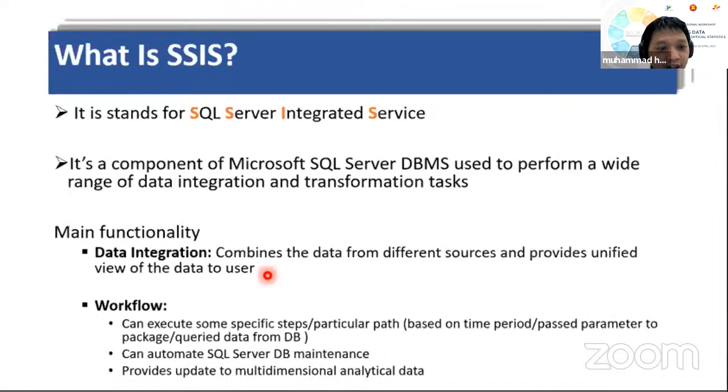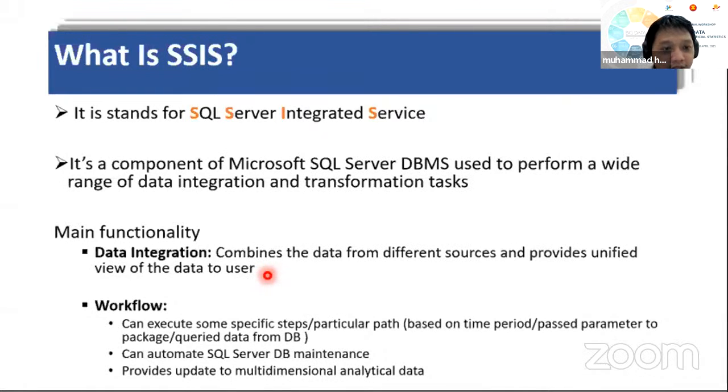The workflow can execute specific steps or a particular path based on a time period or parameter to a package or query data from a database. It can also automate SQL Server DB maintenance. And the last one, the workflow provides updates to multidimensional analytical data.